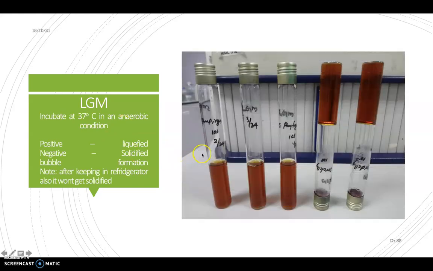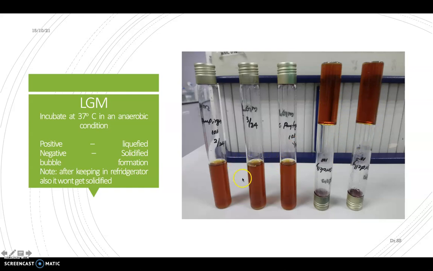Another technique is LGM. After preparation, it should be incubated at 37 degrees Celsius in anaerobic conditions. If it is positive, the medium is liquefied, and if it is negative, it remains solidified.